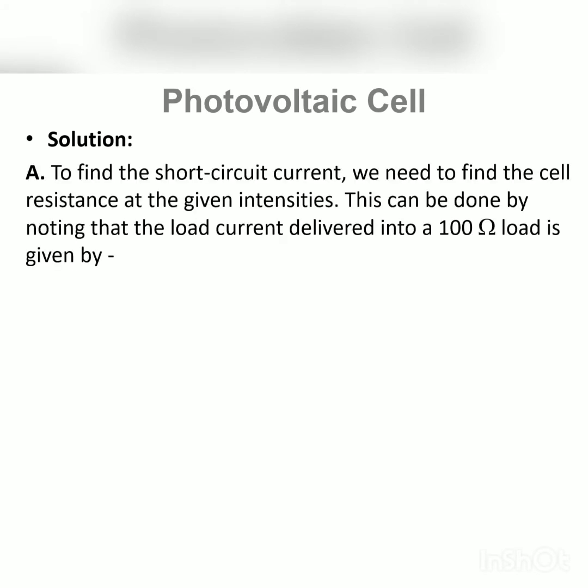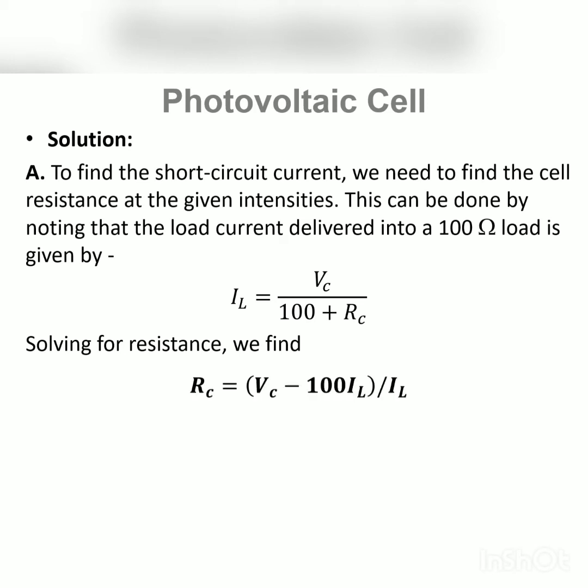Now coming to the solution. For the first point, to find the short circuit current, we need to find the cell resistance at the given intensities. This can be done by noting that the load current delivered into a 100 ohm load is given by IL equals Vc upon 100 plus Rc. Solving for resistance, we find that Rc equals Vc minus 100 into IL, whole divided by IL.